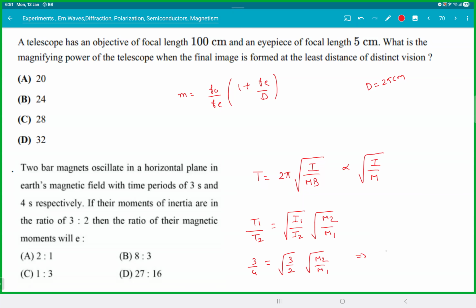Square on both the sides, then that would be 9 by 16 is equal to 3 by 2 into M2 by M1. Therefore, M1 by M2 would be 8 by 3. Clear that. Don't forget, vibrational magnetometer is very important. Every year it pops up in some or the other paper. There are like 6 to 8 sessions. It will come in some session.